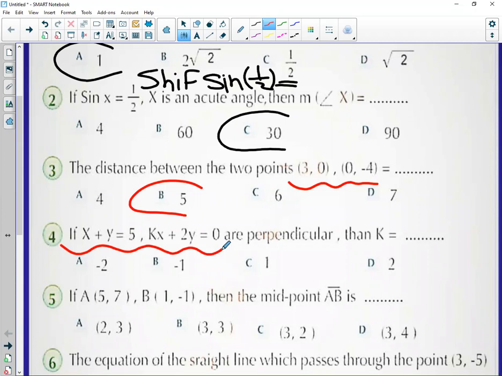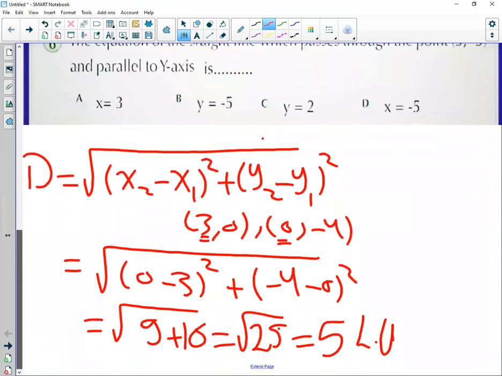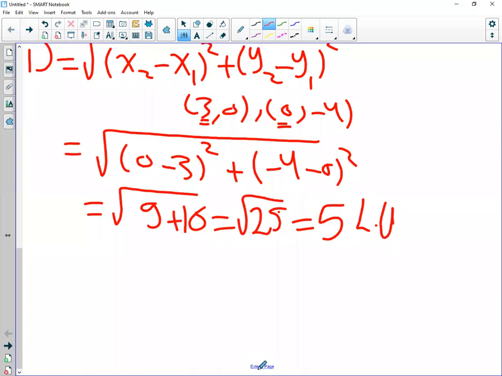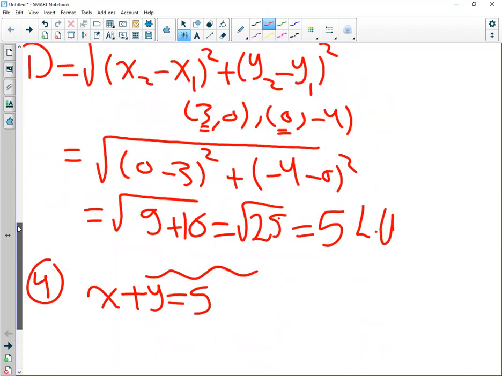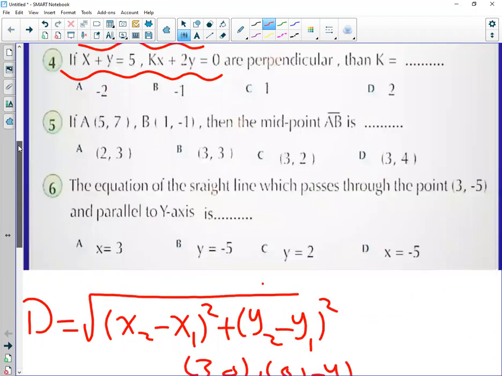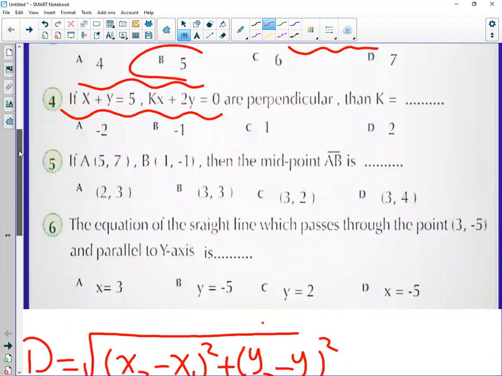Okay, these are two straight lines that are perpendicular. Let's write the two straight lines. The first is x plus y equal 5. And the second straight line is kx plus 2y equal 0.